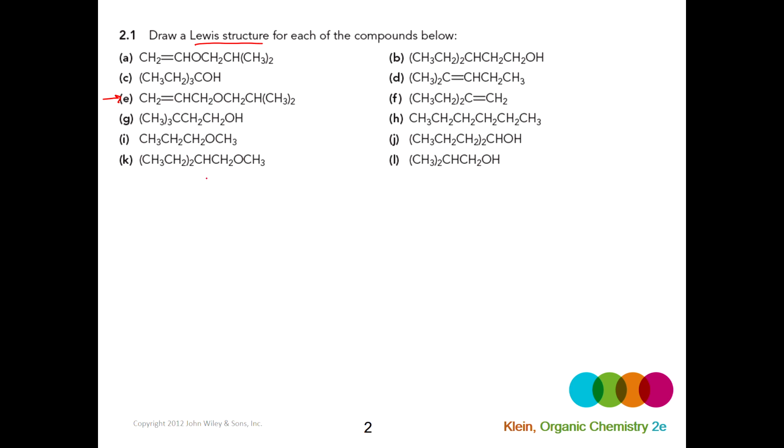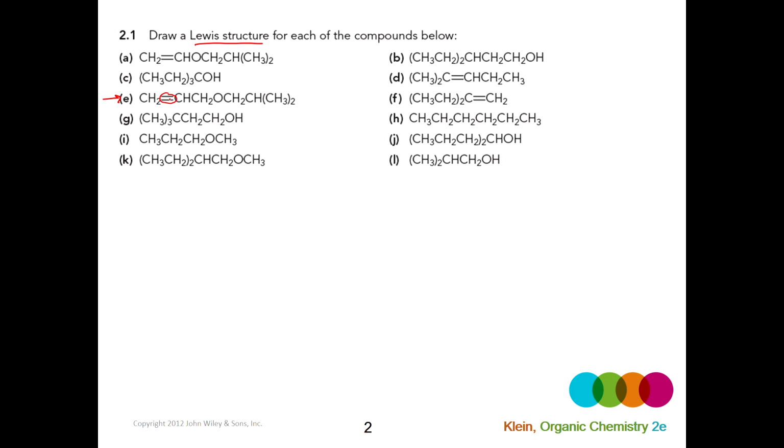But when drawing a Lewis structure from the condensed structural formula, we have to interpret this in a way that completes all the noble gas configurations and gives all the atoms octets, and so that's really where students get tripped up sometimes. So this end carbon here, I might not even show this double bond.